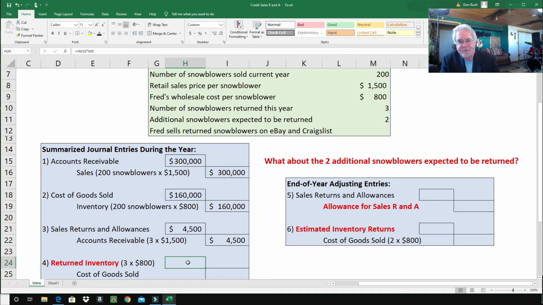Now Fred paid $800 each for these snowblowers, so 3 times 800 is $2,400. And Fred is going to credit cost of goods sold, so he's going to reduce his expense by $2,400. So those are the entries that Fred typically makes during the year.